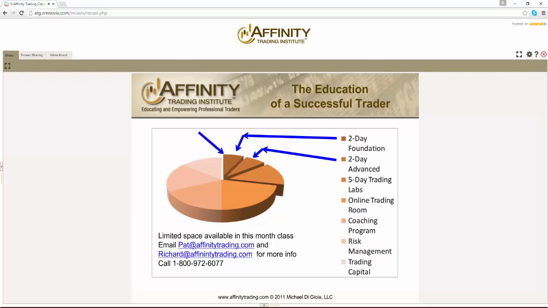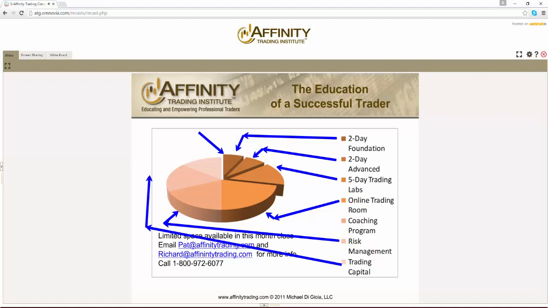You get a 5-day live trading lab. You go into our online trading room and trade with us live for a period of time, 3, 6, 9 months, a year. You get the assistance of our professional risk management, our automated risk management systems. And then, of course, you get the ability to trade our corporate account, which is our trading capital. And last but not least, you get our coaching.